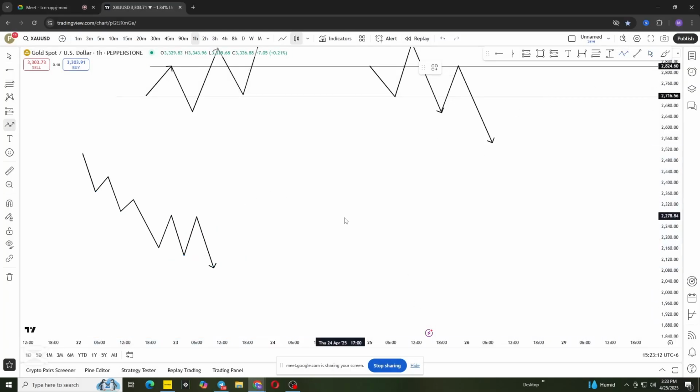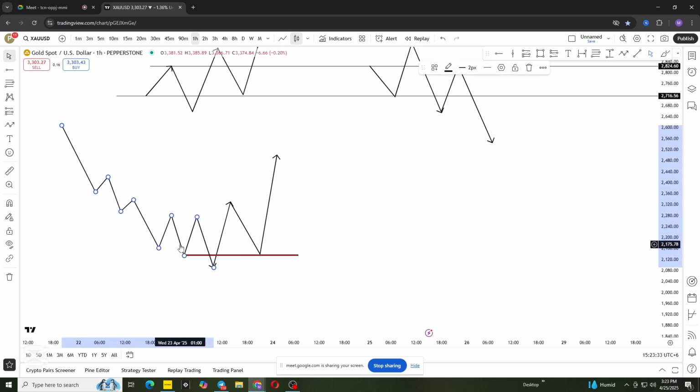So if something happens like that, we say okay, we are going to have our QM buy. That means if the market comes back here, we are going to buy. So basically what happened here is just a buy QM, but as it changes the direction of the market, that means from sell it reverses to buy, we particularly call it what?